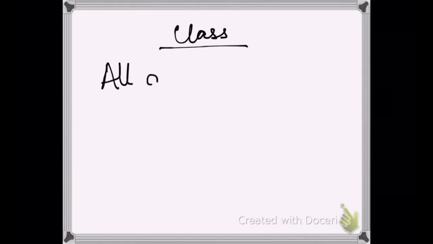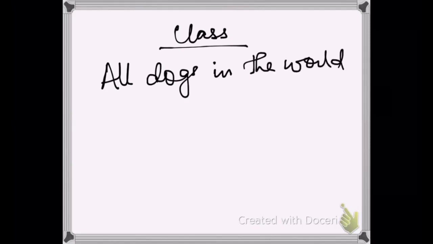Now coming to a class. I can define a class, or I can have a grouping of all dogs in the world. Or rather, let me say, all pet dogs. I am making this set a little bit more restrictive by saying all pet dogs.